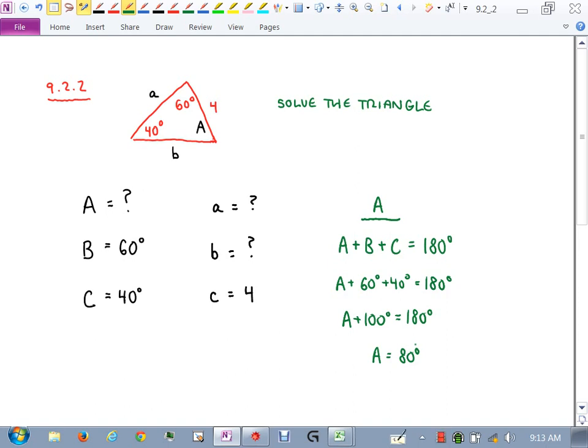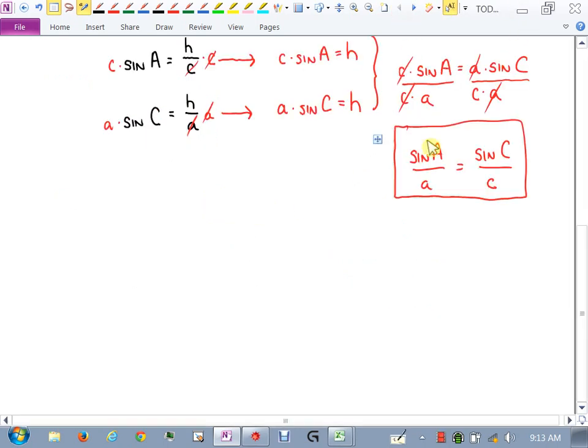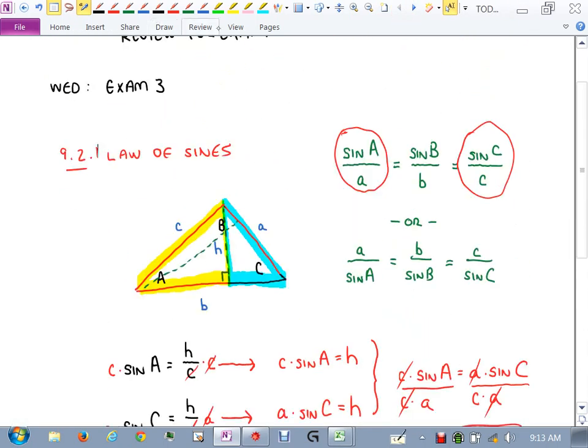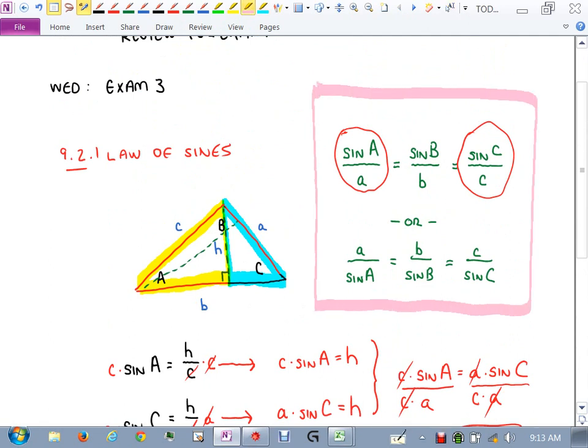So let's start with side little a. Let me go up to the law of sines and take a look at where, in my law of sines, which I'll box right here, I'm going to solve for little a, right?